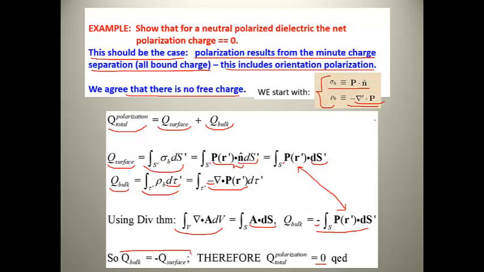So if you look at this, then you have this object, and it's polarized. Then if you look at the result, you have, say, dipoles here and here. Okay, so this is a positive charge here, this is a negative charge here.